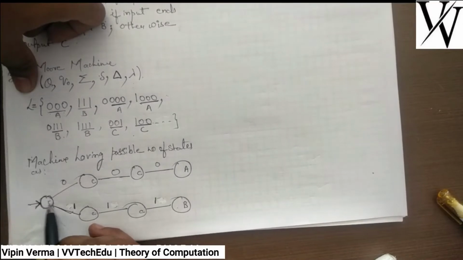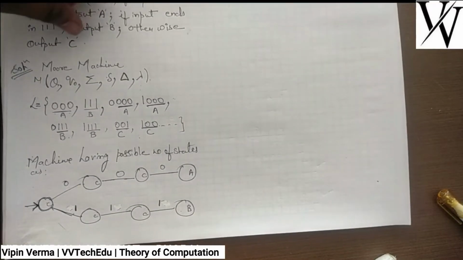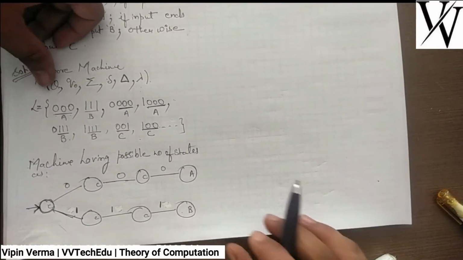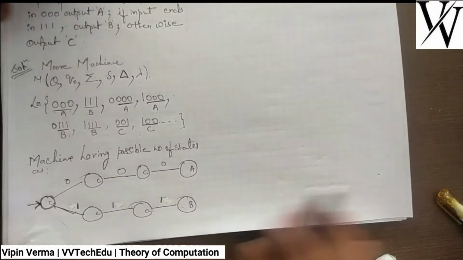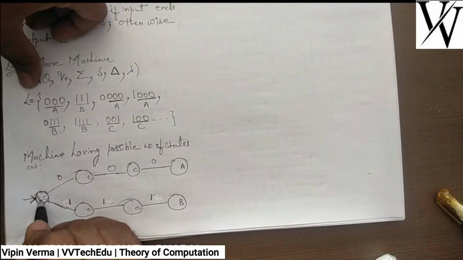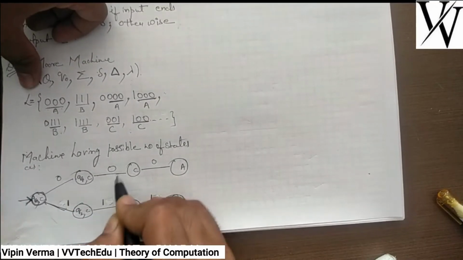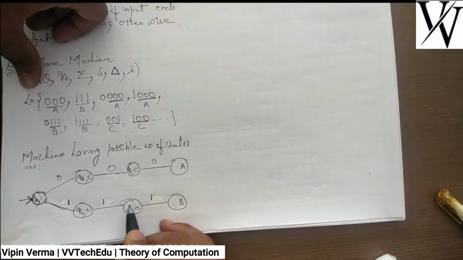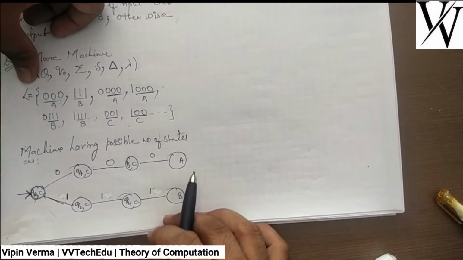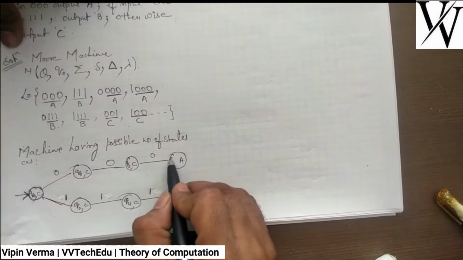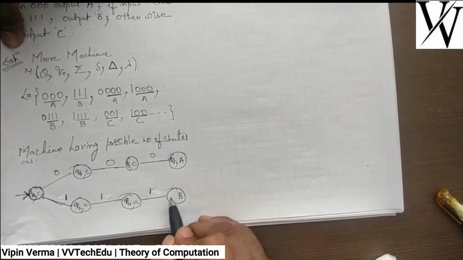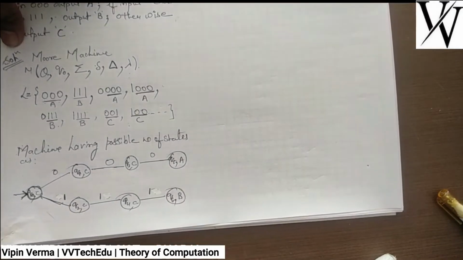Okay, so you can say that you can complete this diagram as, this is what we call the Q0 state, Q1, Q2, Q3, Q4, okay, and this will be Q5 and Q6.